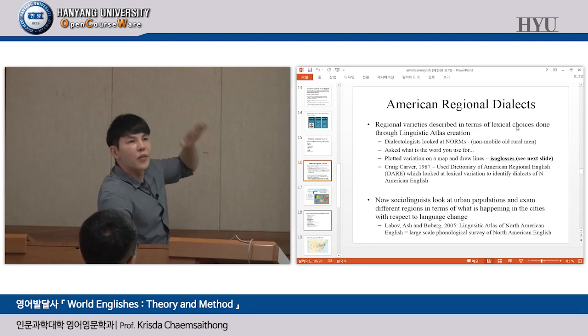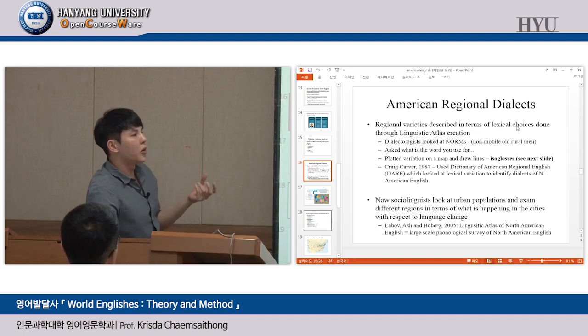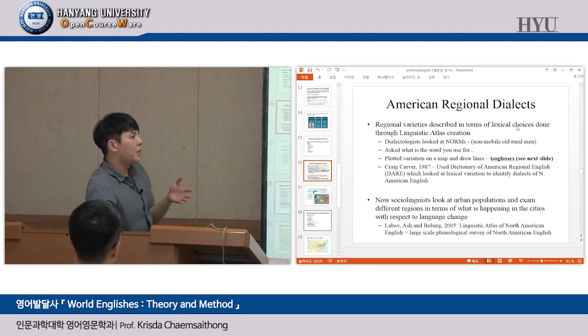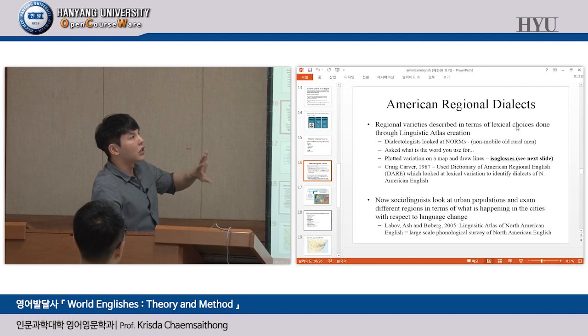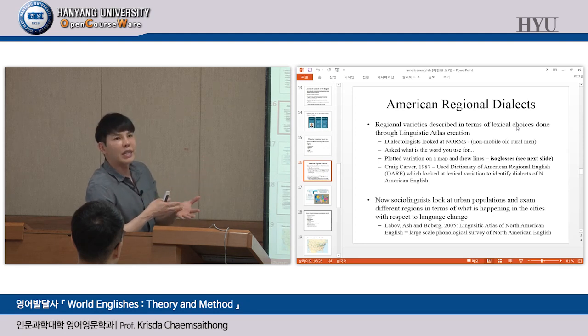But nowadays, modern day sociolinguists look at urban populations and examine different regions in terms of what's happening in the cities with respect to language change. So this is kind of in contrast to the old way of doing research, right? Because nowadays we look at urban, or big cities like New York, Chicago, or Boston to see what effects like urbanization or immigration may have caused to the language, right?